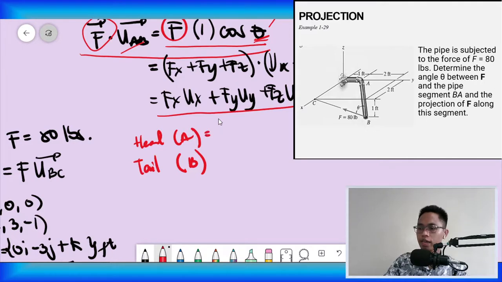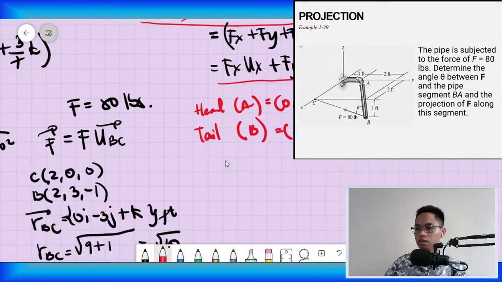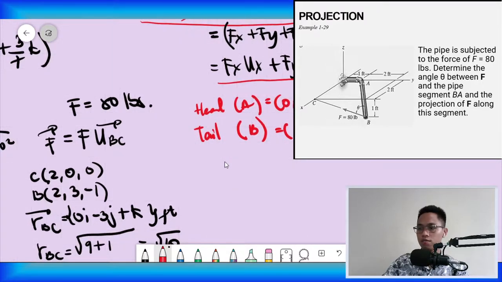The coordinate of A is x is 0, y is 1, z is 0. While for B, as we had earlier, the coordinate of B is 2, 3, negative 1. Therefore, let's solve for the position vector.